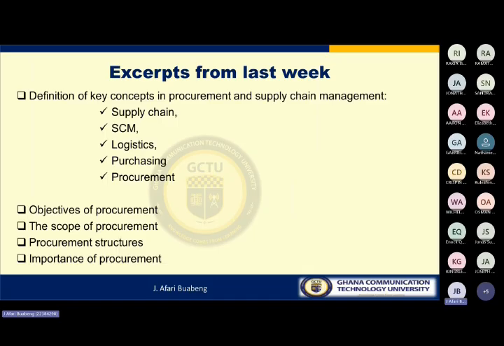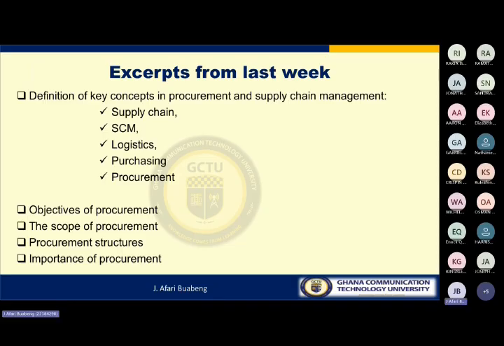So just a recap of what we did from last weekend's meeting. We defined some of these related concepts in procurement, logistics, supply chain, and the rest. So we defined what a supply chain is. We also defined supply chain management. Then there was a brief definition of logistics.